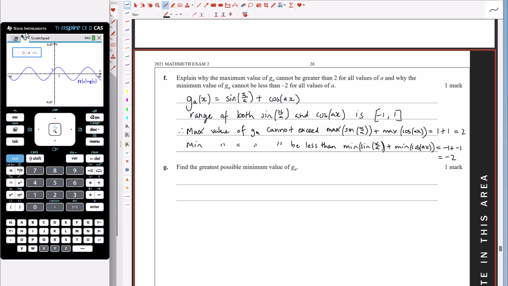Alright, so that is what this function looks like when A is 1. I wonder if we need a bigger domain than that. Let's maybe just look at this from, oh no, let's do negative 8 pi to 8 pi or something like that.